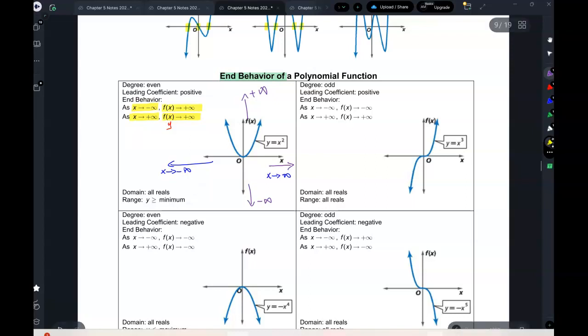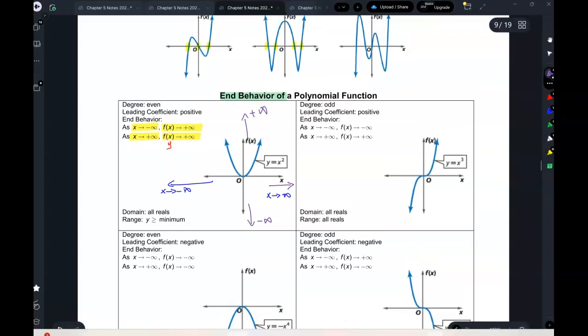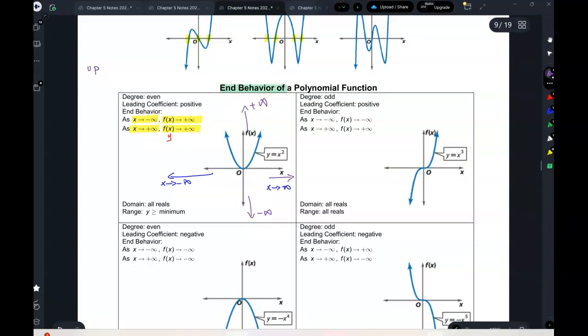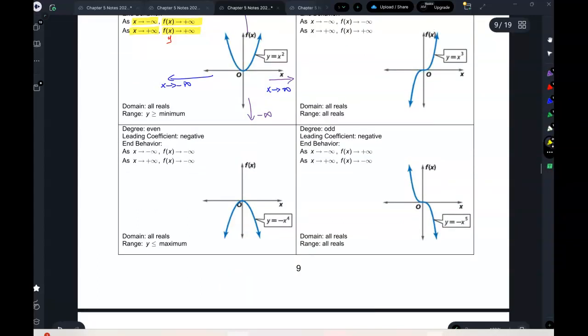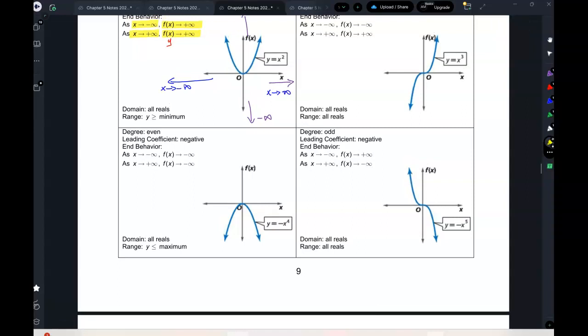Okay? So here's another way to say this. If the graph is going up, it's positive infinity. If the graph is going down, it's negative infinity. Okay? So let's do this one now. As x approaches positive infinity, as I go over to the right, this way, okay?